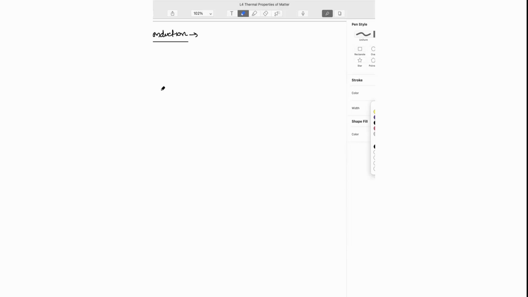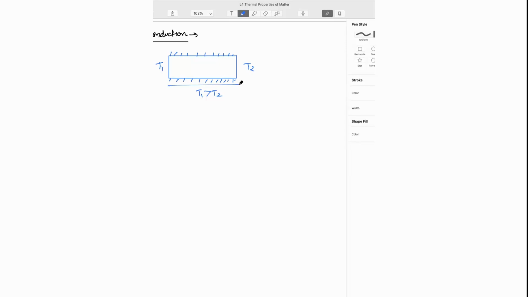So now let's consider some slab such that these sides are insulated, and we have applied a temperature gradient here such that T1 is greater than T2.